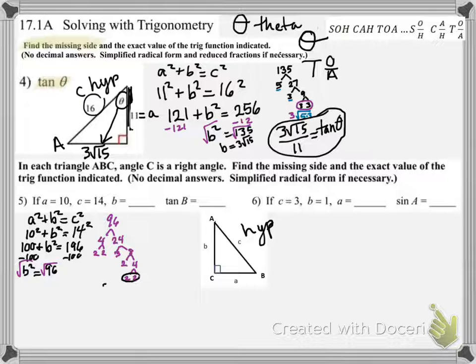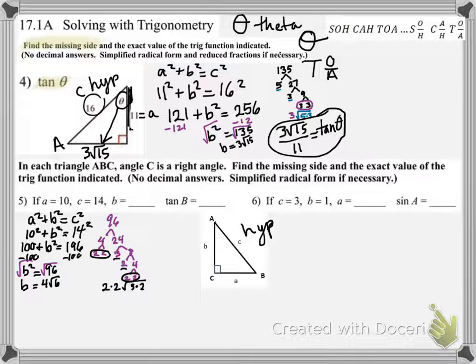Pair of 2's, single 2. Pair of 2's, single 2. Left over 3, left over 2. 3 times 2 goes inside, so that this becomes B equals 4 square root 6.